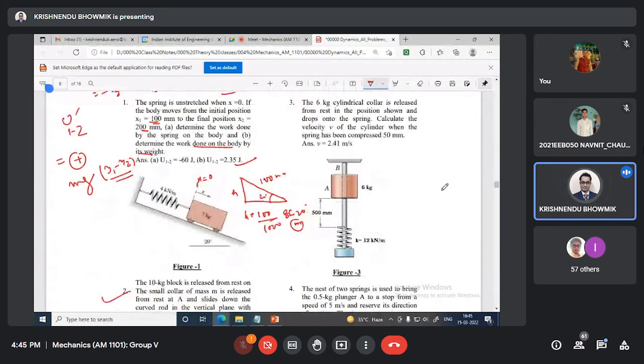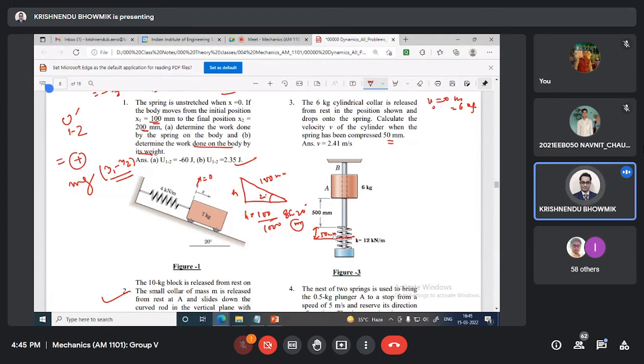Number 3, there is a 6 kg cylindrical collar that is released from rest, v0 equal to 0, m equals 6 kg. Calculate the velocity v of the collar when the spring has compressed by 50 mm. This collar will hit here and finally it will compress the spring by 50 mm.